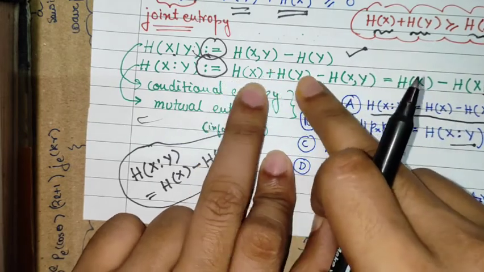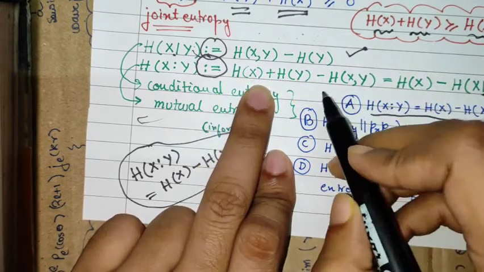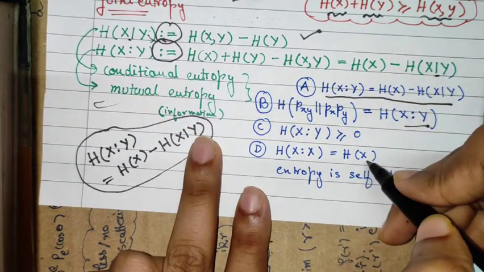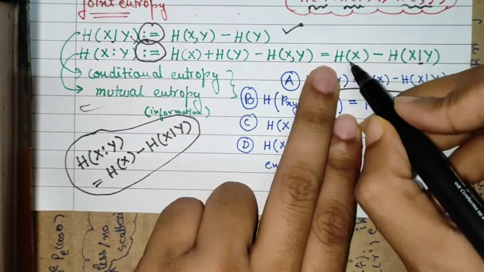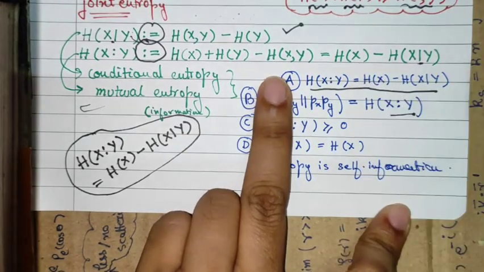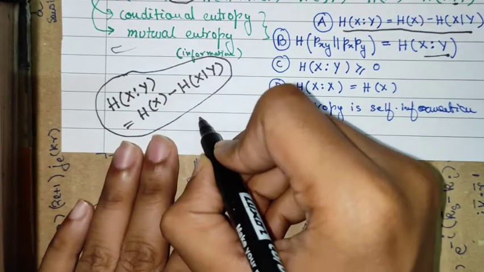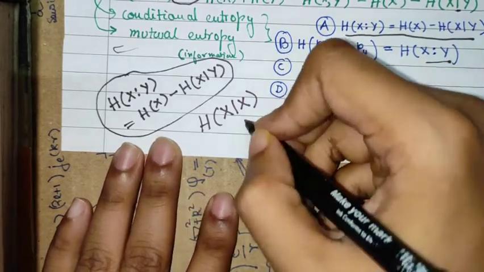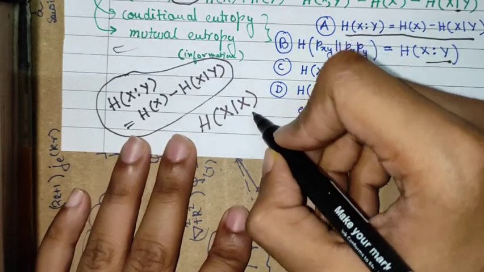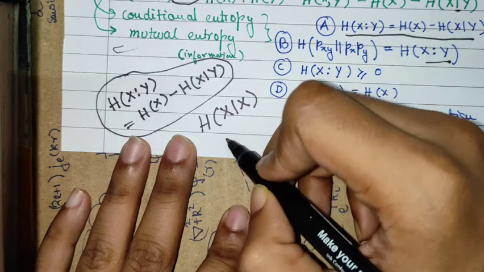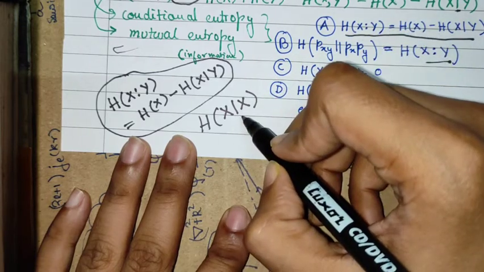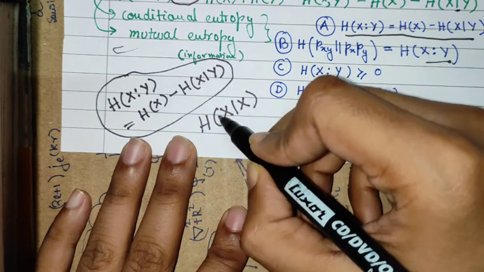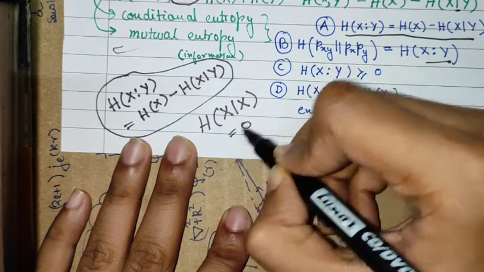If you substitute x everywhere, we see that it actually becomes just H of x. So it is clear from this that, maybe I should write it here, I(x;x). What is this? It says what is the information that we can gain if we already know x, then what is the uncertainty associated with x? It is 0.